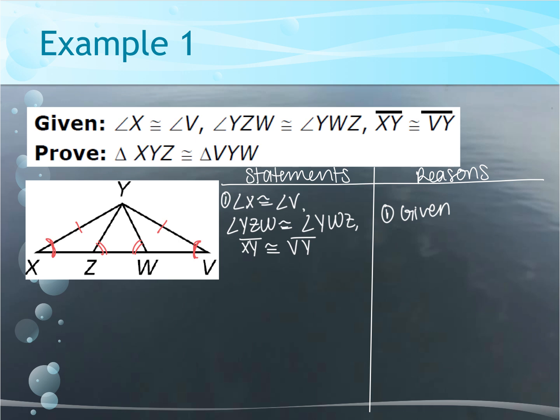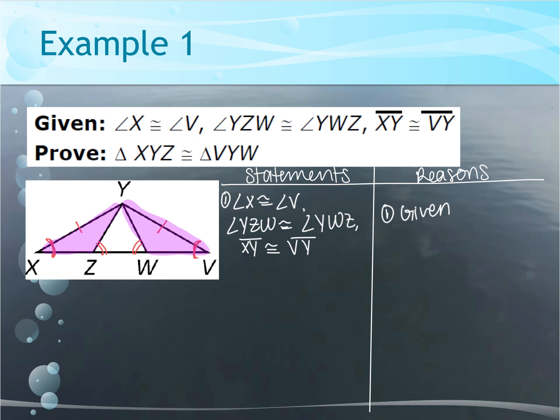Looking at it, can I use HL here? No, it's not a right triangle. They're asking me to prove that this triangle is congruent to this triangle, so HL is out of the question. I also cannot use side, side, side to prove that they're congruent. I'm going to have to use something else.